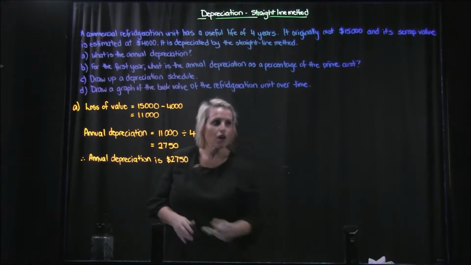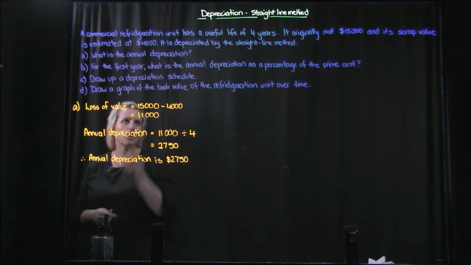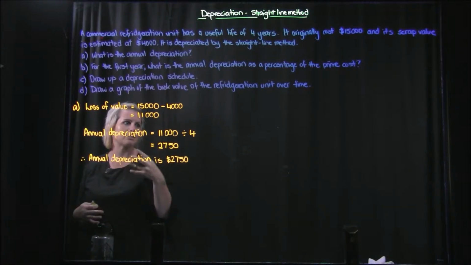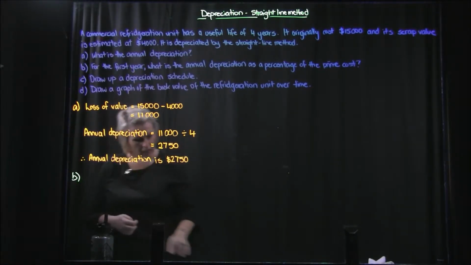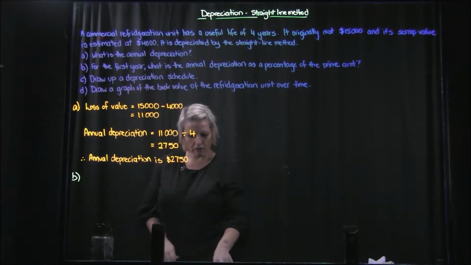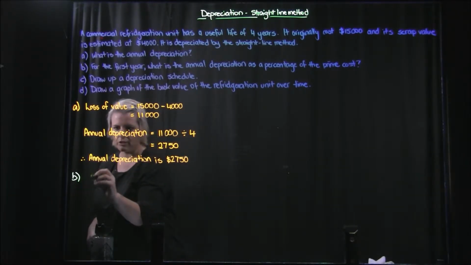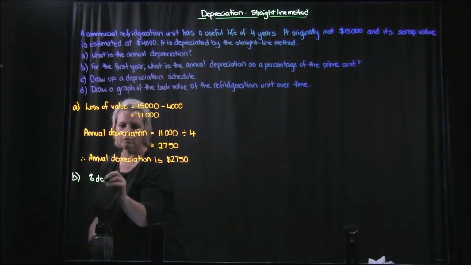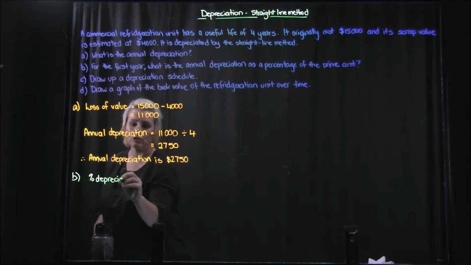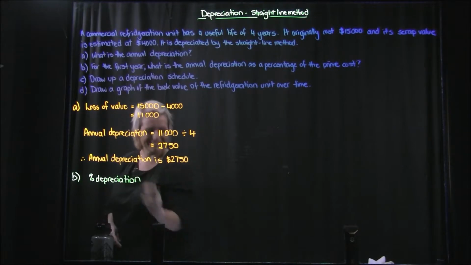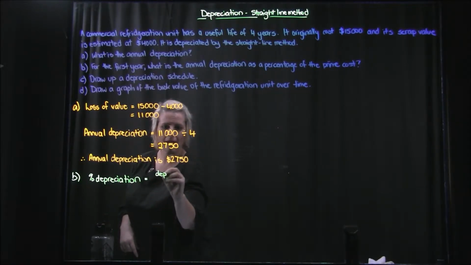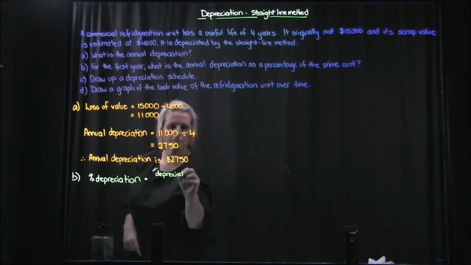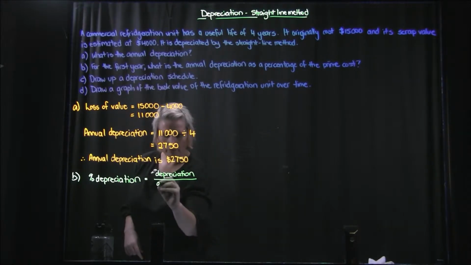Okay, from there, I'm now going to answer B. For the first year, what is the annual depreciation as a percentage of the prime cost? So what I need to do is use a formula. My percentage depreciation, make sure you write this formula down, is going to be my depreciation amount over my original value.